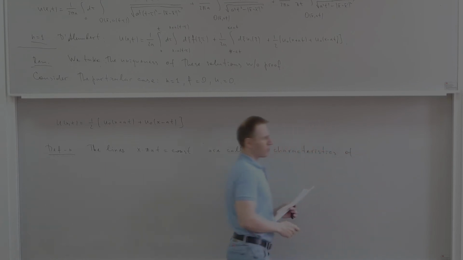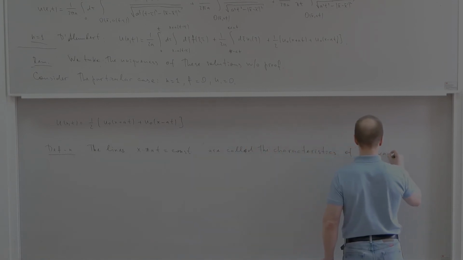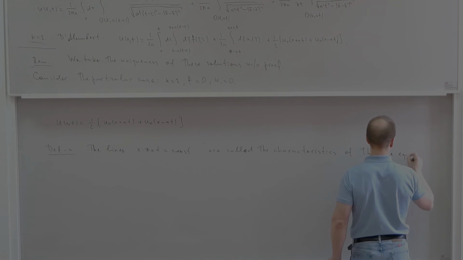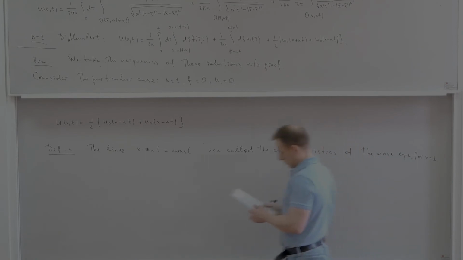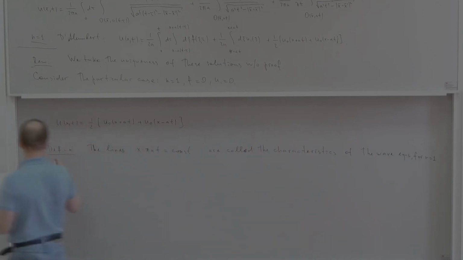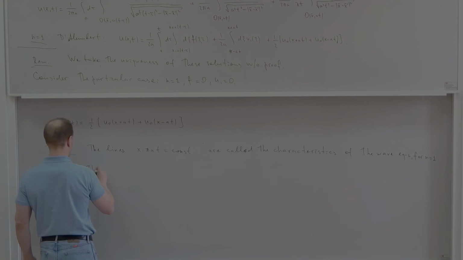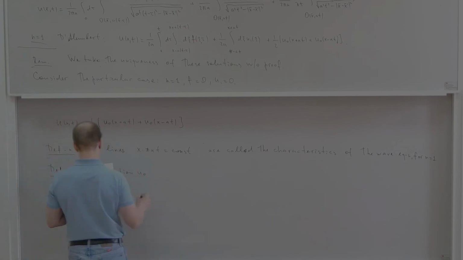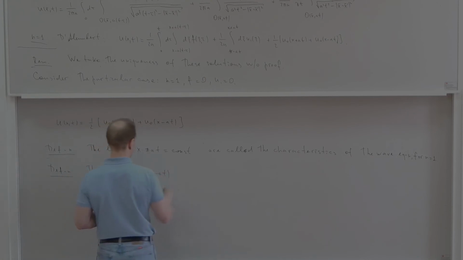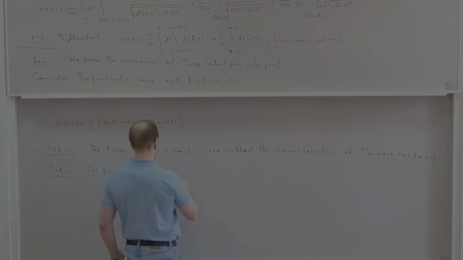Characteristics of the wave equation for n is equal to 1. Another definition. The function u0 of x minus at is called the forward wave.